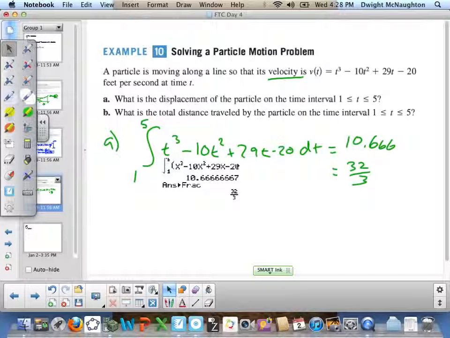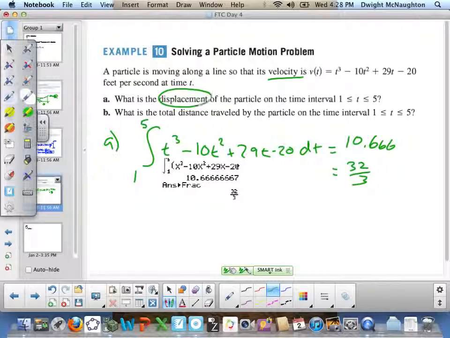Now, how is that different than the total distance traveled? Displacement is just a change. How do we get that different from total distance? Well, if we take a look, we have a particle traveling on a line. The particle could do this. Be there, then here, then here.